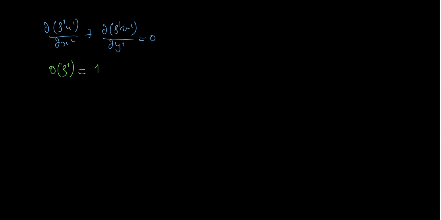We can see that my order of rho prime is of order 1. My u prime is also of order 1, I'm assuming, because my u by v infinity, I'm scaling it in such a way that it is of order 1.